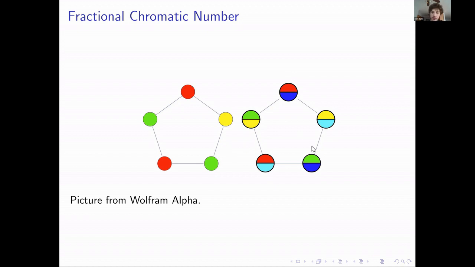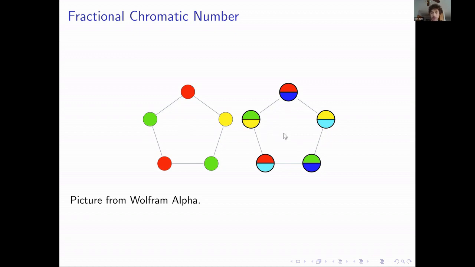And for the weight of this fractional coloring, we observe that there are 1, 2, 3, 4, 5 distinct colors used, but each color is only used at half weight for any given vertex. So because of that, we'll consider each of these colors only a half color. So in total, the number of colors here is only going to be 5 halves, as opposed to what you get from this usual proper coloring, which has weight 3.